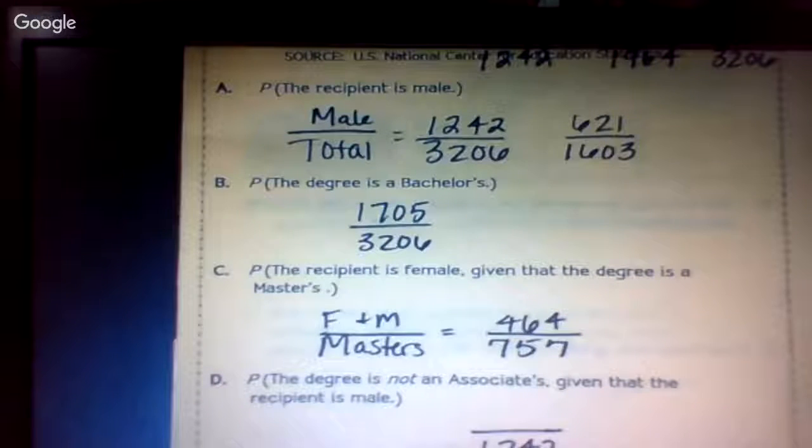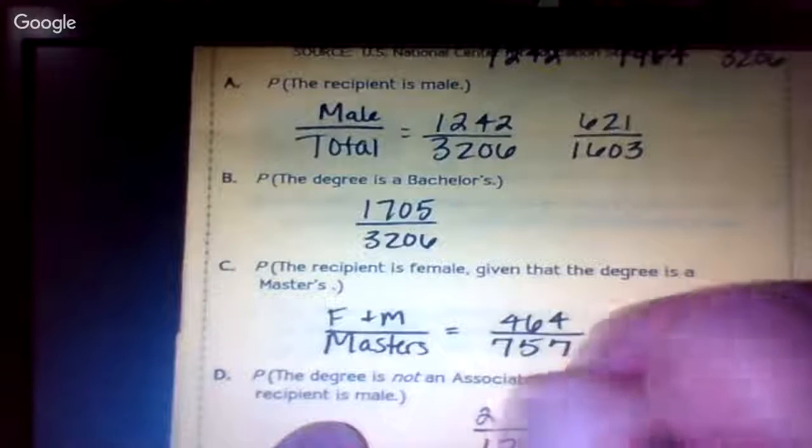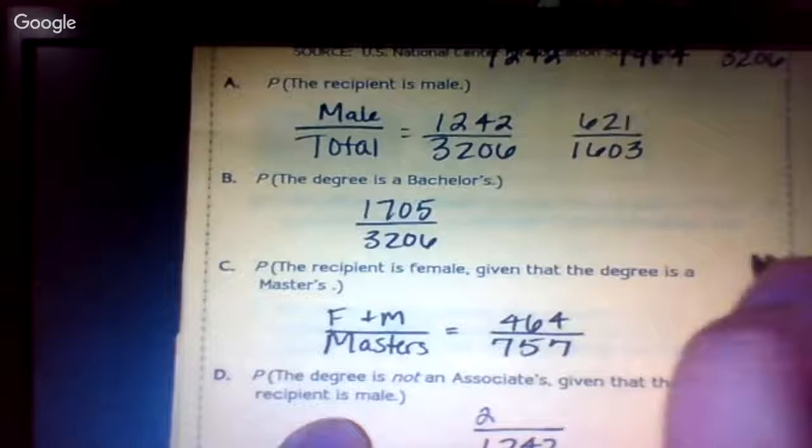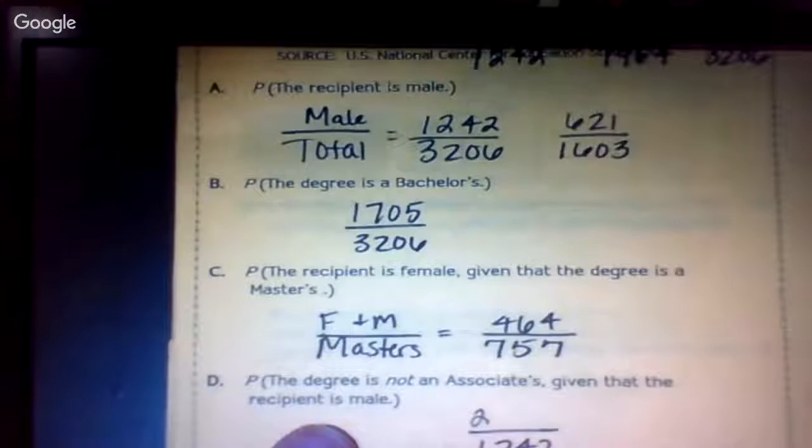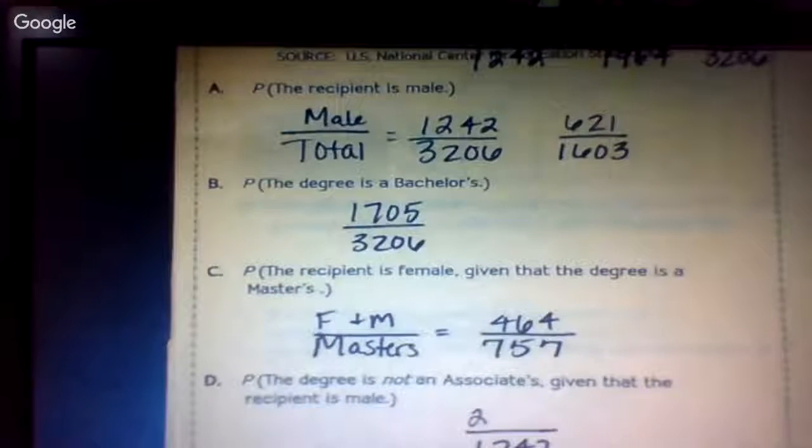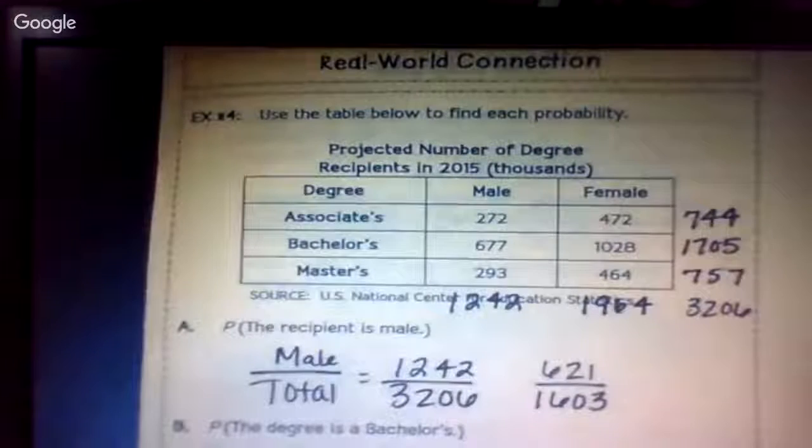What kind of job can you get with that degree? It shouldn't be 2,000 anything. How is it 2,000 and anything? How are you getting 2,000? What are you putting together?